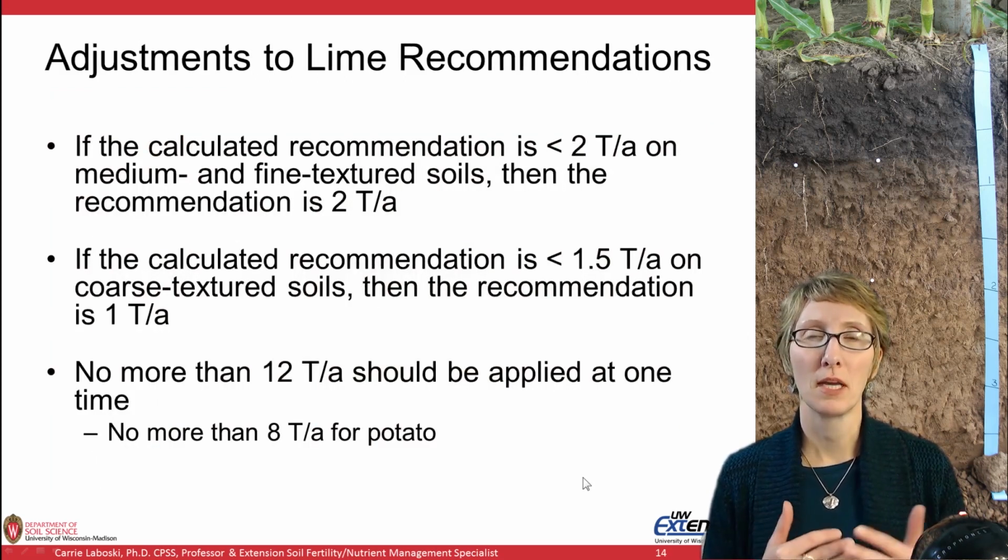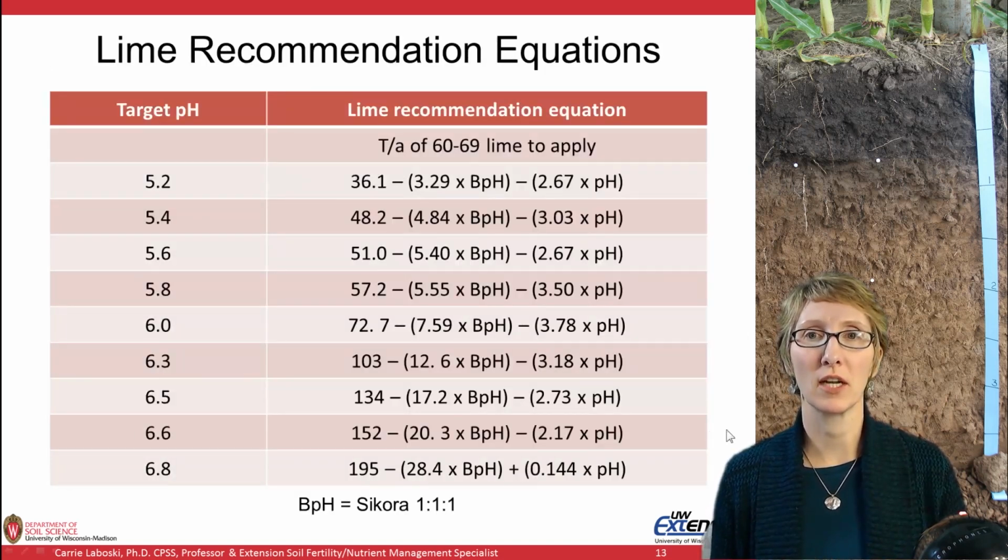But we do have to keep in mind that we have to make some adjustments to these lime recommendations, because the equations on this slide are not super precise at low lime recommendations. That means it is possible to calculate a negative recommendation. That doesn't mean there's anything wrong with the system, it's just that there's imprecision at those low rates.